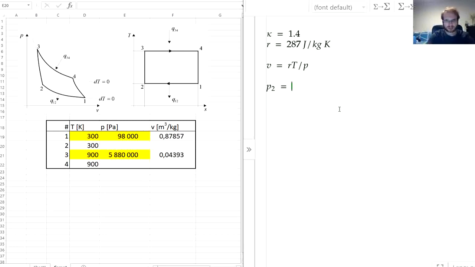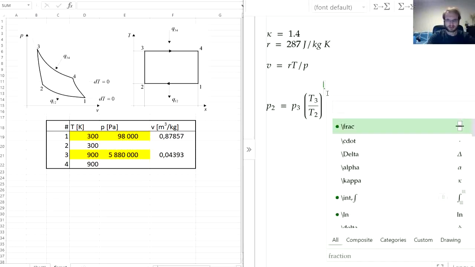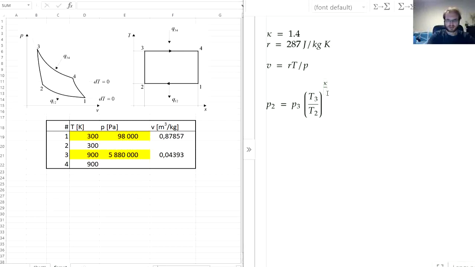So P2 is P3 multiplied by (T3 over T2) to the power of kappa divided by 1 minus kappa.